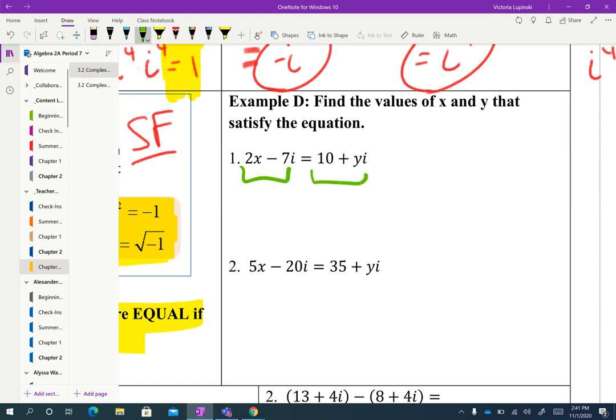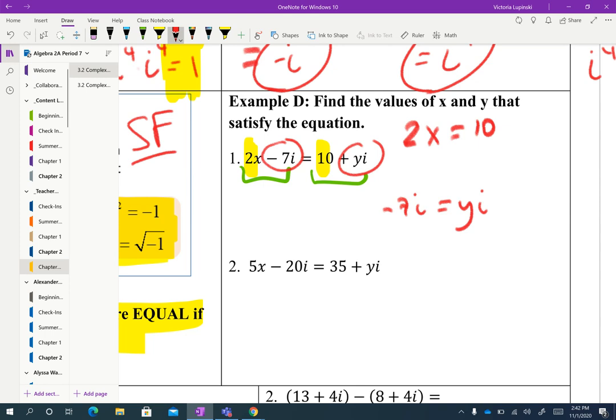The only possible way that those two complex numbers can be equal is if their real parts are equal and if their imaginary parts are equal. So you're going to set the real parts equal, you're going to set the imaginary parts equal, and then you're going to solve.